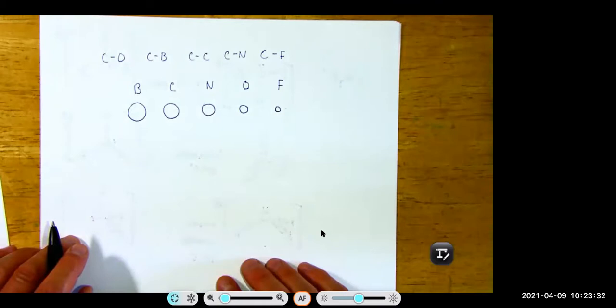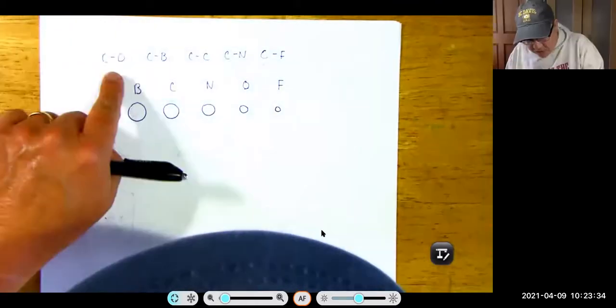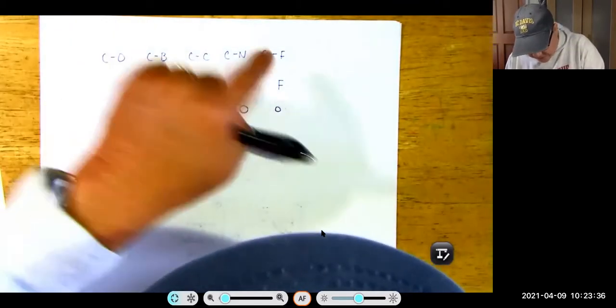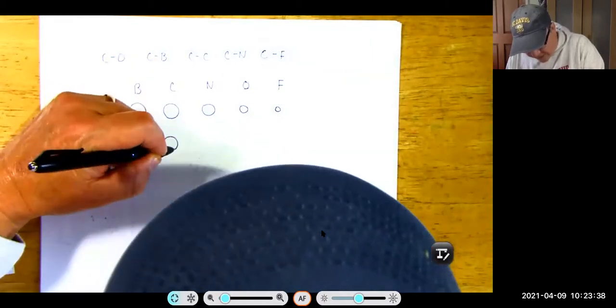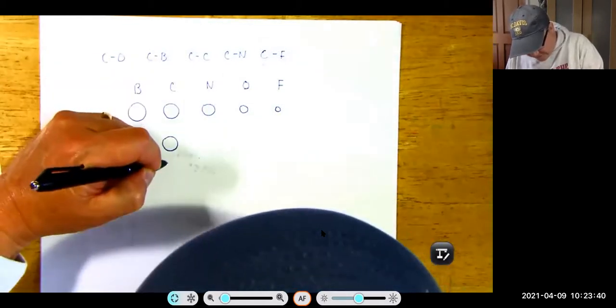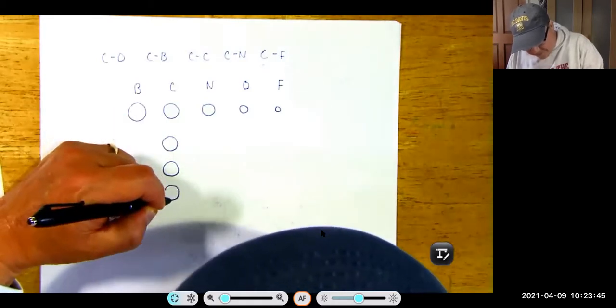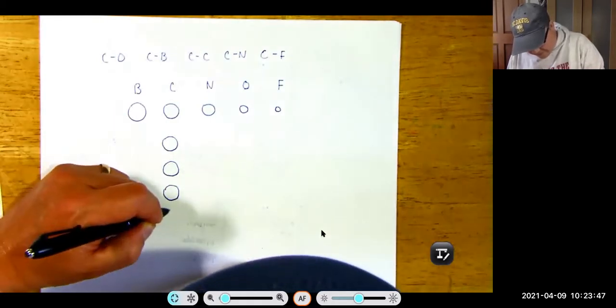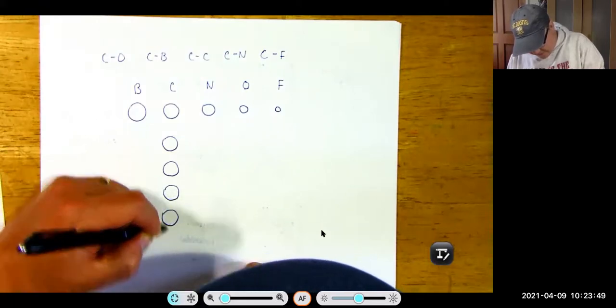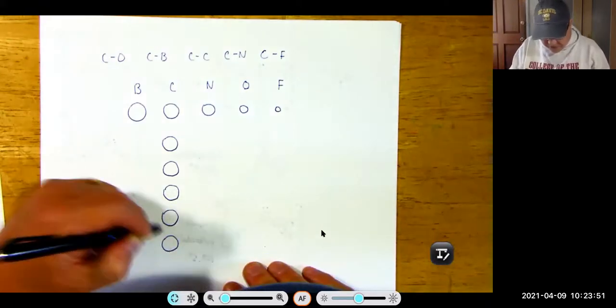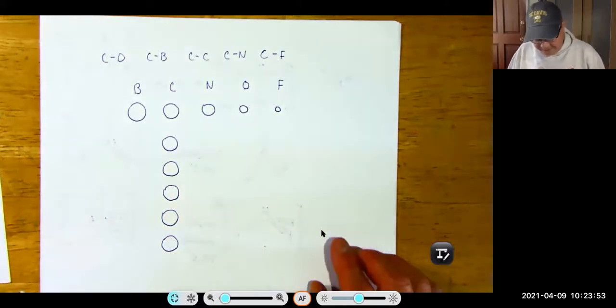Right. So let's draw carbon down 1, 2, 3, 4, 5 times. So these are all supposed to be the same size. And I think I did a pretty good job of making them all look the same size.